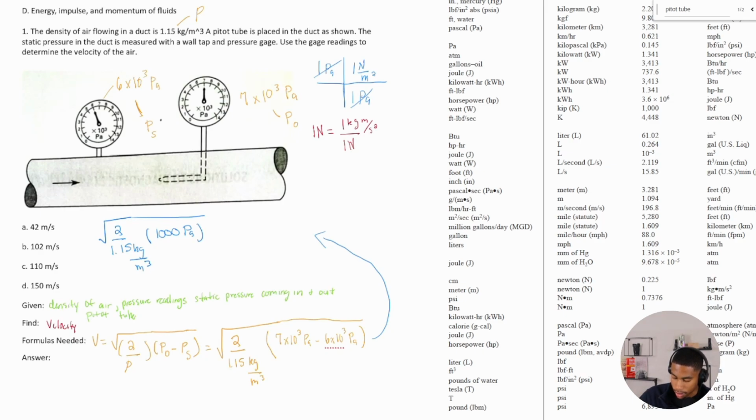Okay, so now let's take this and substitute it into our newtons. All right. So now 1 Pascal.